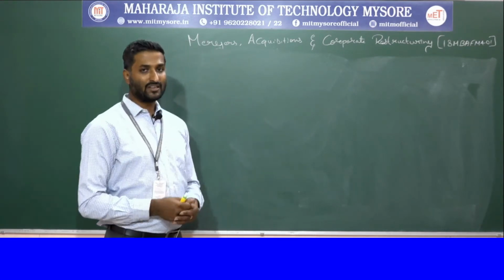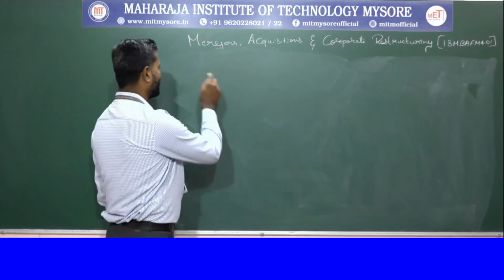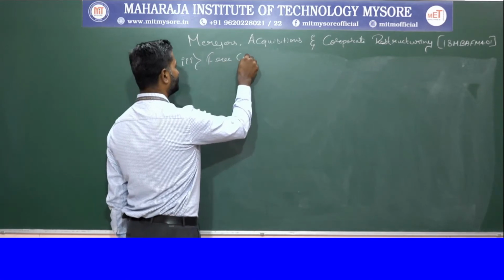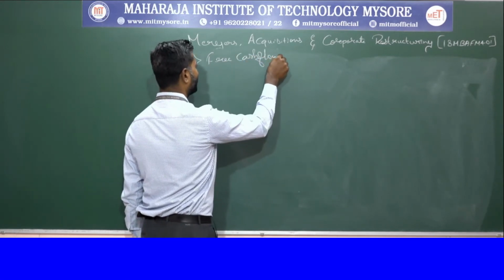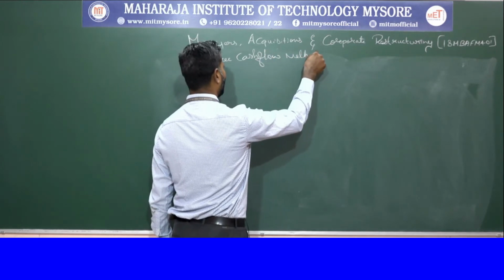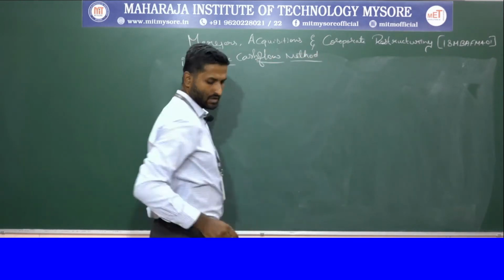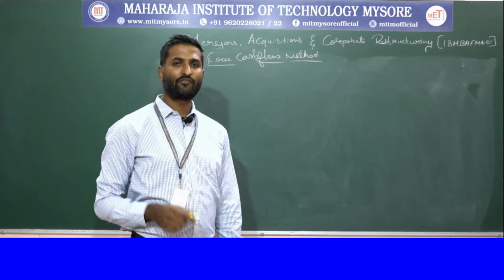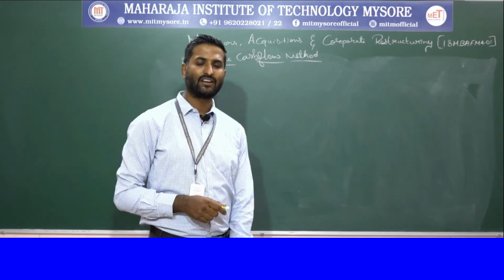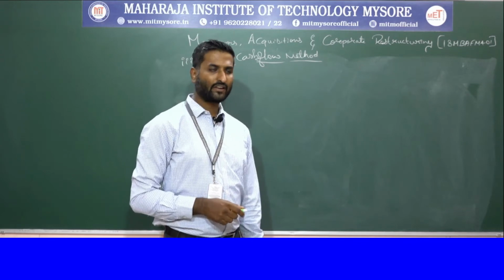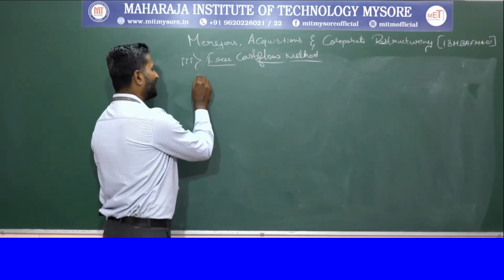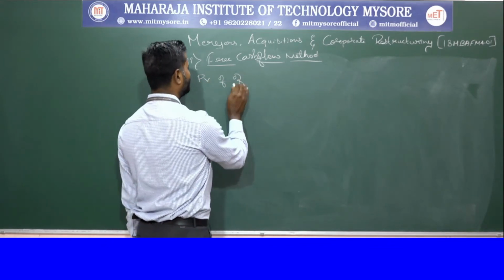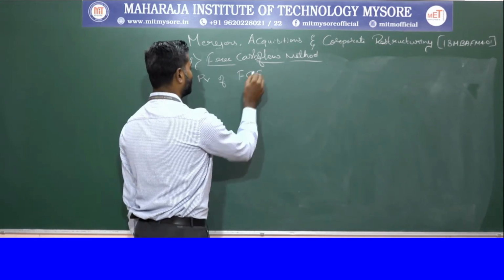Then we are moving to the third method, that is the free cash flow method. So in the free cash flow method, first, whatever cash flow is given in the problem, as the first adjustment they have given the cash flow to calculate the free cash flows. So based on that, first we need to convert the free cash flows into present value of free cash flows.